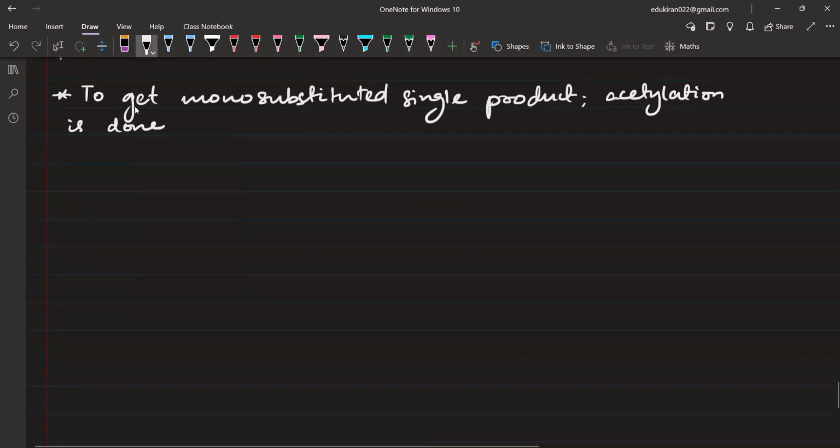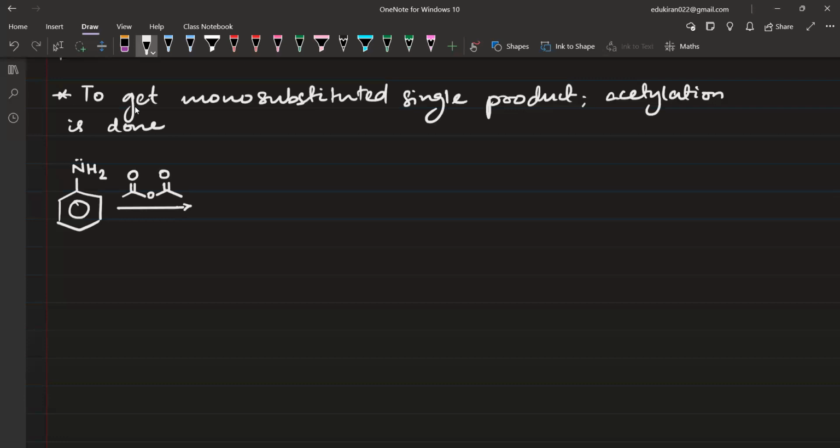So here first you will take aniline. इसका acetylation होगा. After this, we need to add HNO3 and H2SO4.